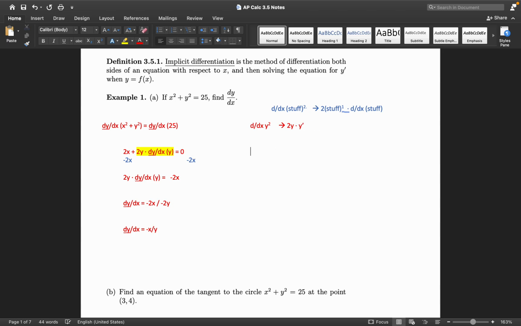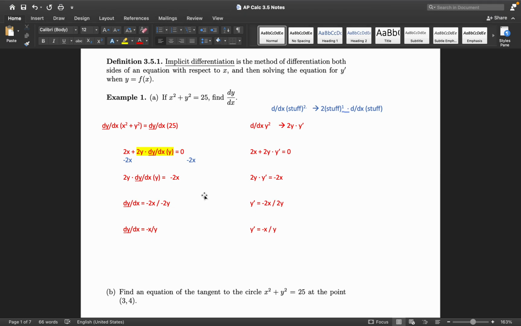In the same way, I could write this as 2x plus 2y times y prime equals 0, and then 2y times y prime equals negative 2x, and then if I divide by the 2y, I get y prime equals negative 2x over 2y, or I could write that as y prime equals negative x over y.